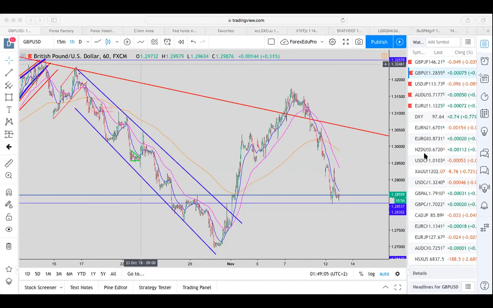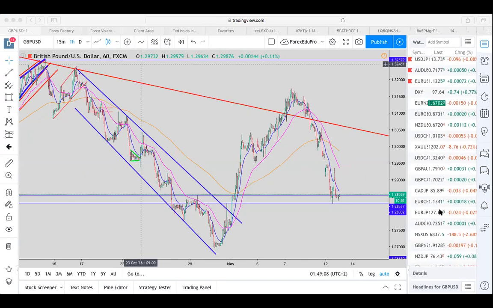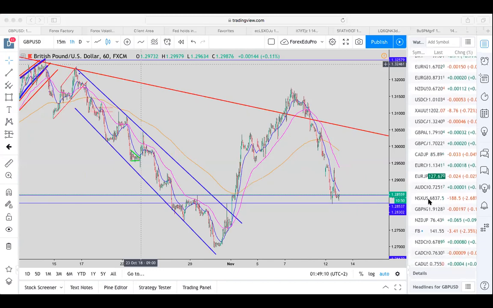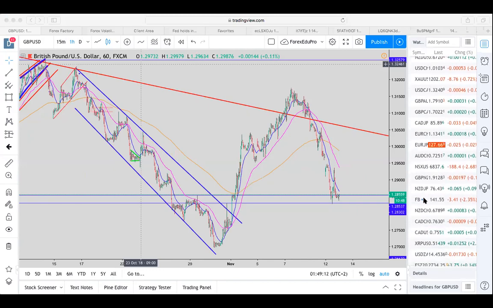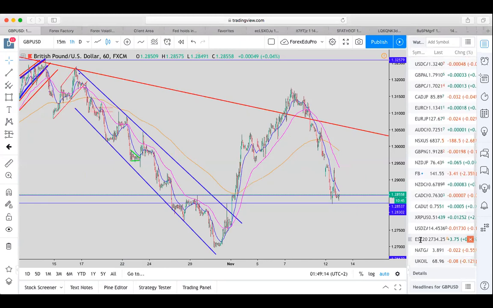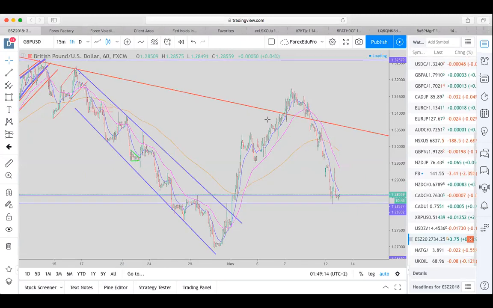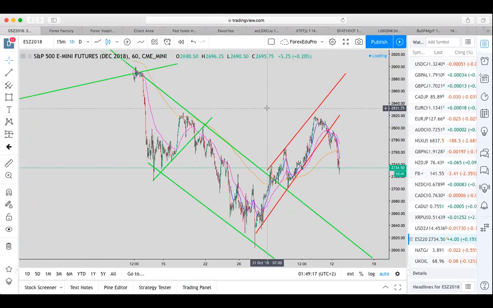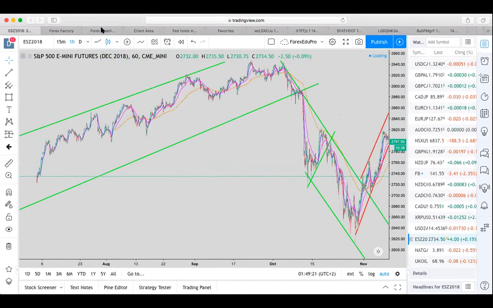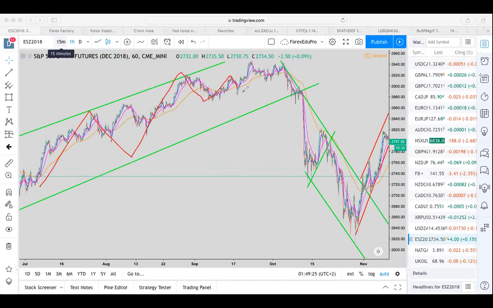So let us go quickly to what I wanted to show you on the S&P 500. We have ascending structure, break, lower high.